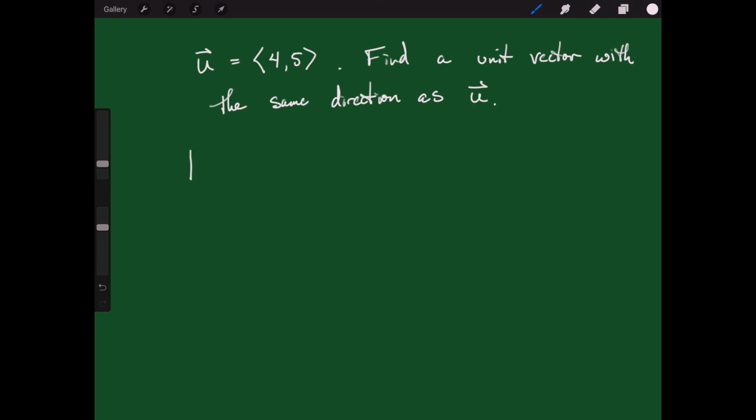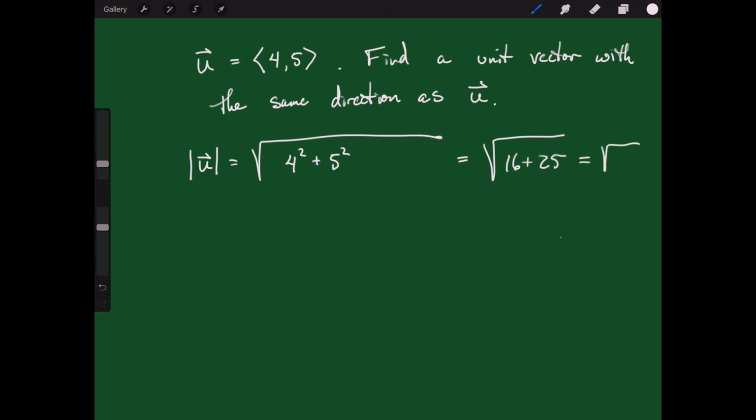In order to do that, we need the magnitude of u. And the magnitude of u is the square root of, well, it's x2 minus x1, but this is already in standard form. So the x1 and the y1 are both just 0 and 0. So this just becomes very easy, and it's just 4 squared plus 5 squared. So what does this become? This is the square root of 16 plus 25, or the square root of what?